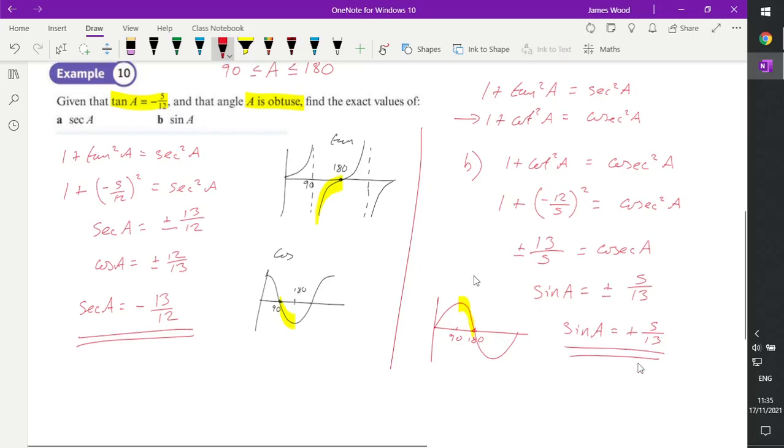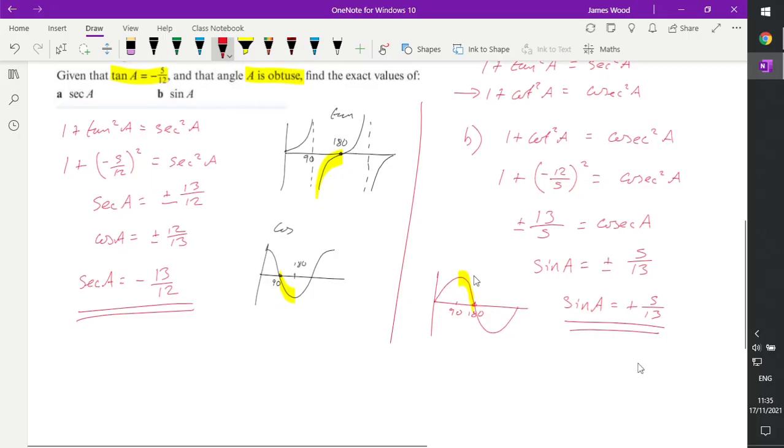Now, a slightly quicker way we could have done part B is we could have actually used our answer from before to help us, because we know what sec was, so we know what cos is. I could just use sine A over cos A is tan A. Sec A is minus 13 over 12, so cos A is minus 12 over 13, and sine A over cos A equals tan A, which we were told in the question was minus 5/12.